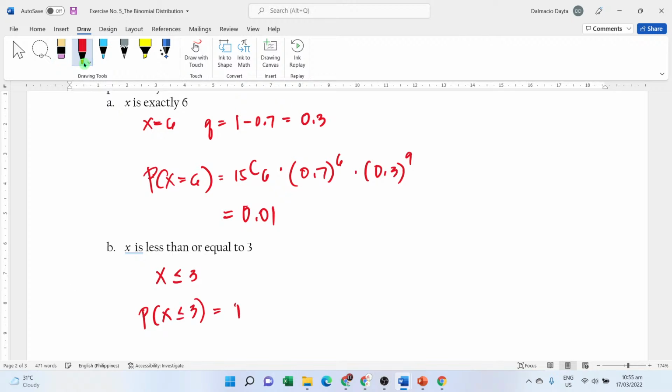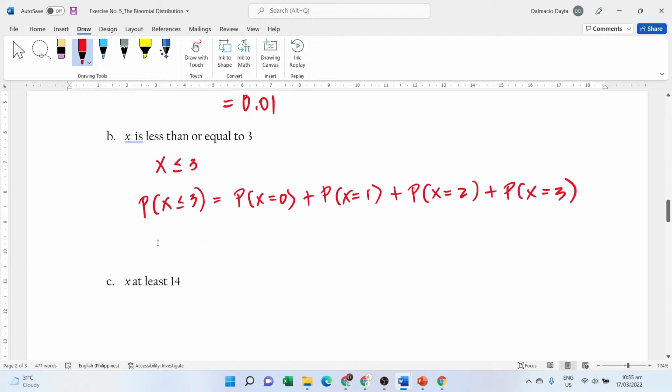That means we're going to get the probability. Ano ba yung mga less than 3? 0, 1, at saka, or equal ba? Yeah, or equal. So kasama yung 3, P of x equal to 3. I-add natin lahat ito. Okay?